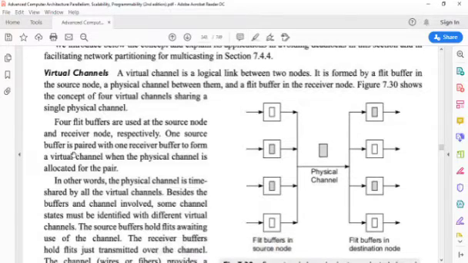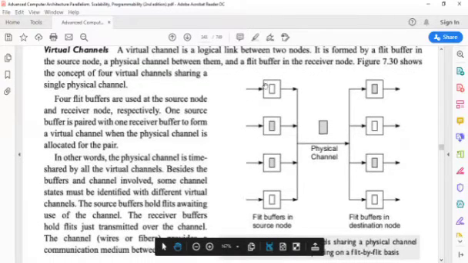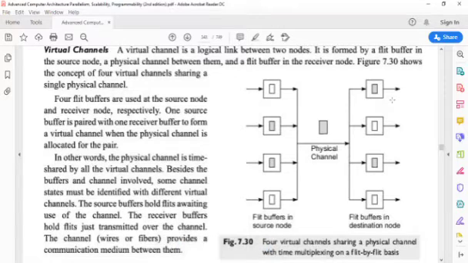One source buffer is paired with one receiver buffer to form the virtual channel when the physical channel is available. When the physical channel is available, each source node is connected with each destination node. The physical channel is used here in a time shared manner.